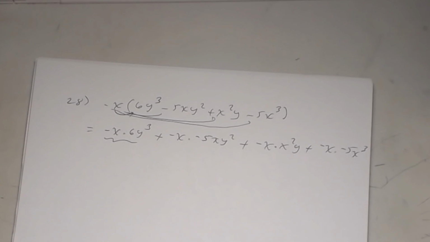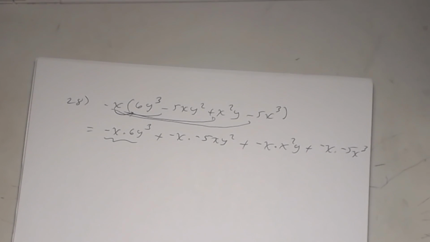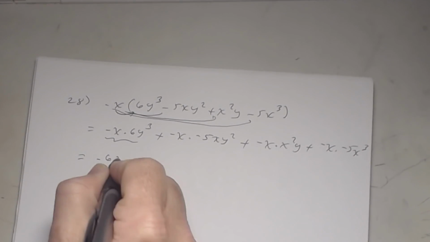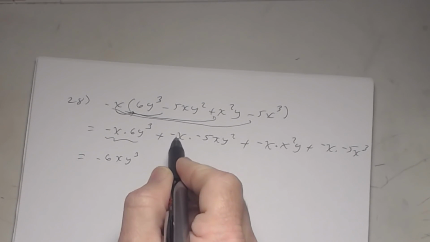If I do that, in the first term, am I using the product rule at all? No, because none of them are like bases. But remember, put them in alphabetical order and put the coefficient first. How would you write that first term? Negative 6xy cubed. Very good. Over here, this coefficient I'm pointing to, what's that understood to be?